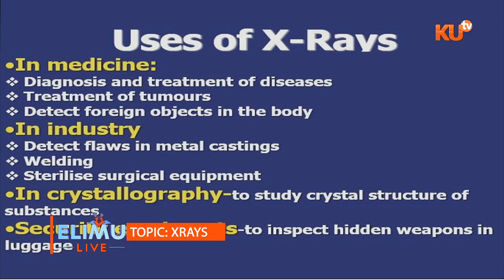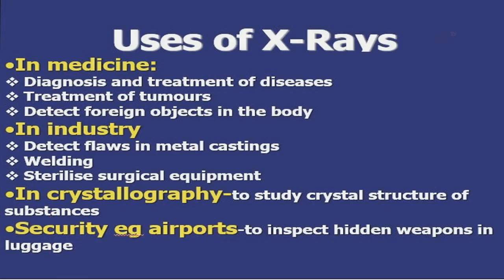One, in medicine. So majorly we want to categorize them like this. We will use them in medicine. We will use them in industry. We can use them in security. Then we can use them in crystallography.